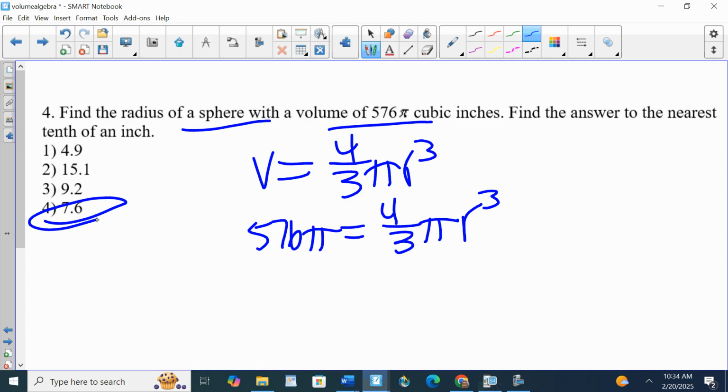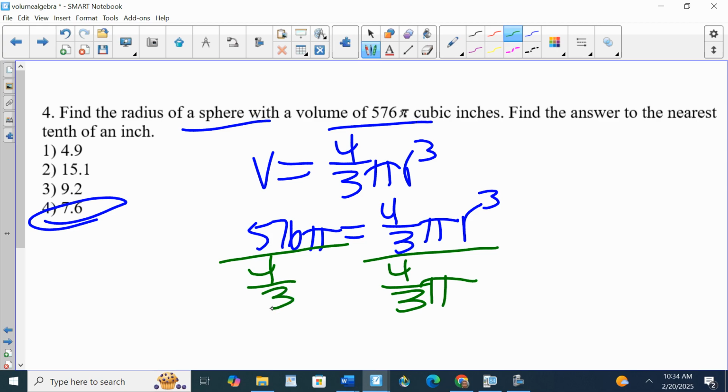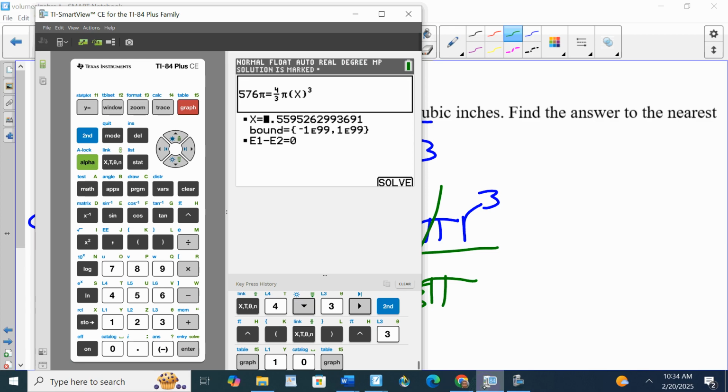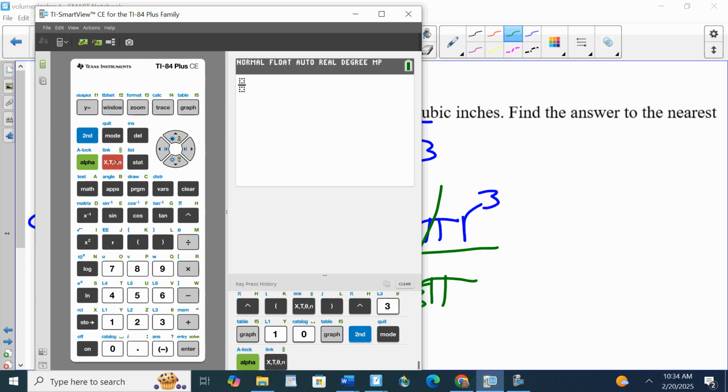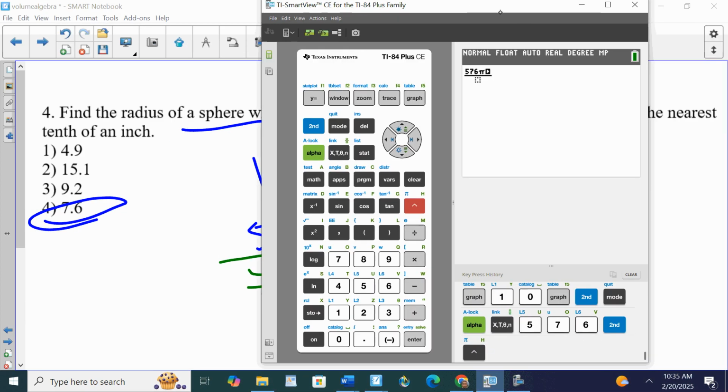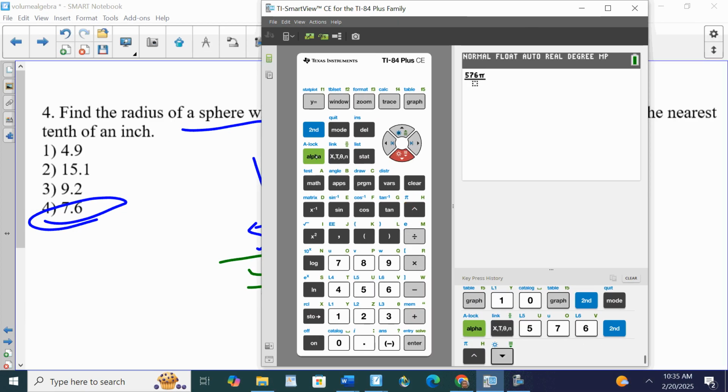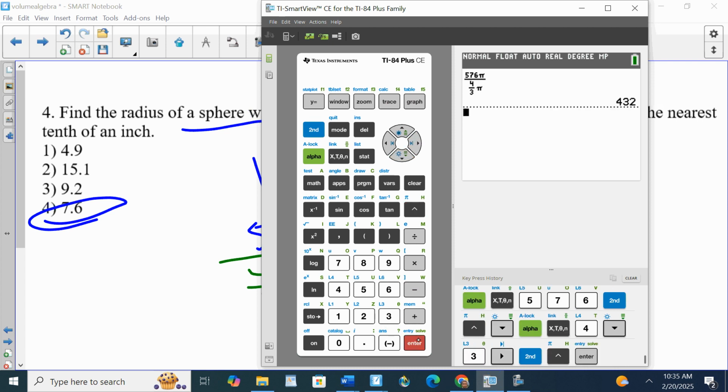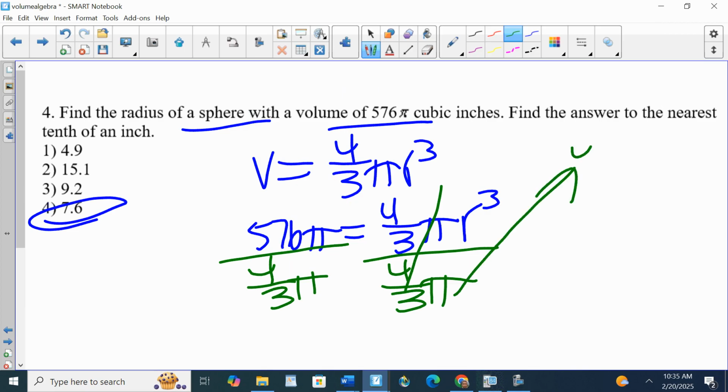If I want to do it with algebra, there's a couple ways to do it. I would just divide by 4/3 pi. We can multiply by 3 first. If you know what I'm talking about, great. But most of you are not going to look at it that way, especially in geometry. 576 pi over alpha x 4/3 pi. 432. 432 equals r cubed.